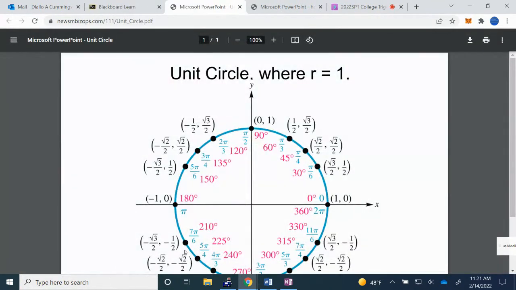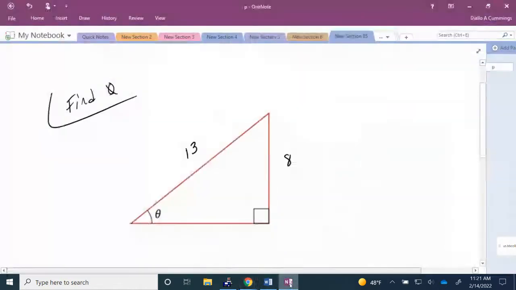Now, I actually want to begin class today by you solving a problem. This is in section 2.3, the last module of the homework. At this time, I would like for you to find the angle theta.